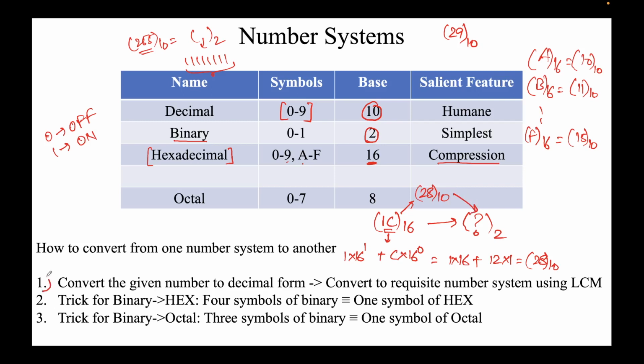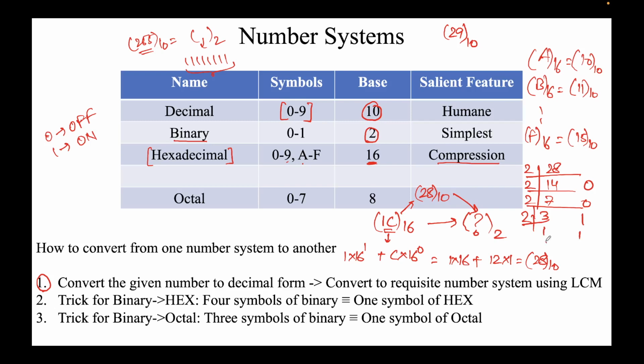I'm using the first approach here. How do we convert decimal to binary? You simply divide by 2. 28 divided by 2 is 14, and you write the remainder here. The remainder is 0. Again, 2 into 7, remainder is 0. 2 threes are 6, remainder is 1, and 2 ones are 2, remainder is 1.